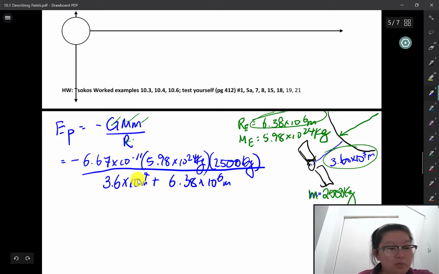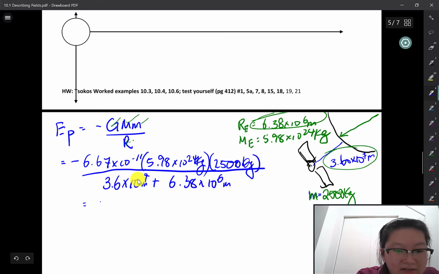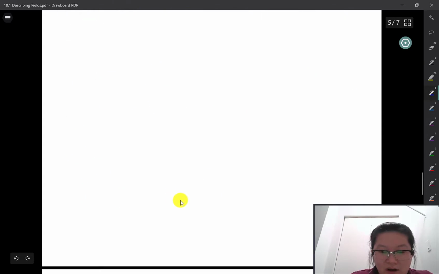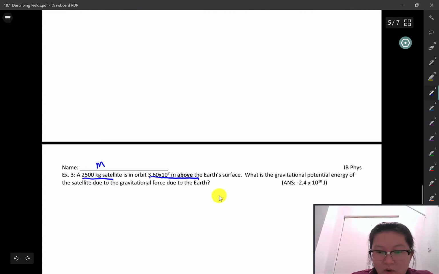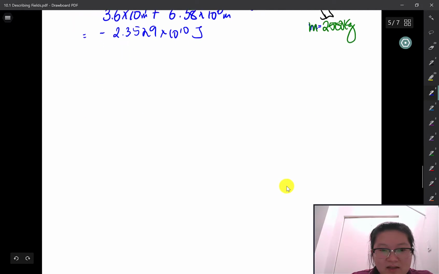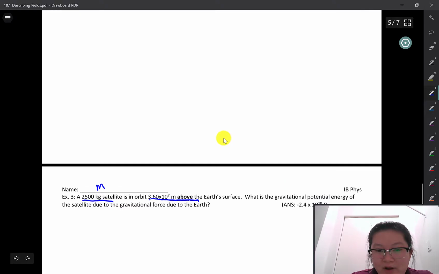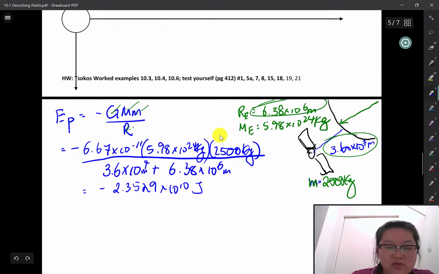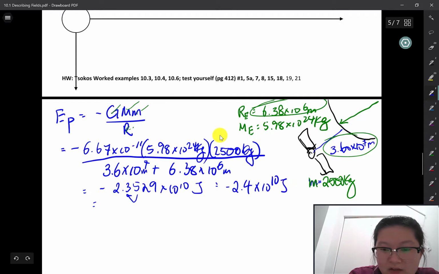Okay, I got negative 2.3529 times 10 to the power of 10 joules. So, how much did I remember? I got 10 to the power of 10, and guess what? If we round to 2 significant figures, then I didn't do too bad. This 5 rounds the 3 up to negative 2.4 times 10 to the power of 10 joules.